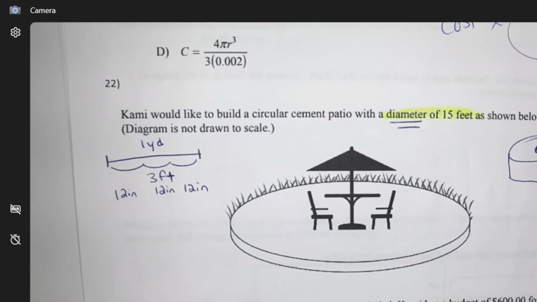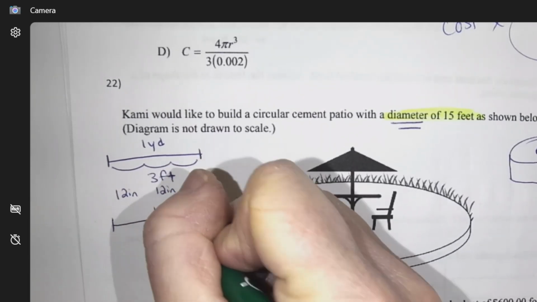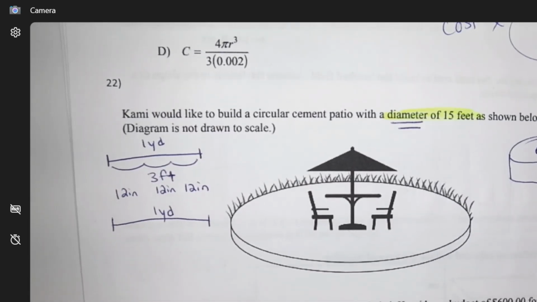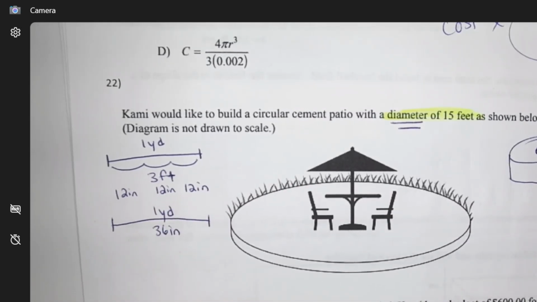So how many inches are inside a whole yard? 36. Okay, so those are the things you have to know. 3 feet inside a yard, 12 inches inside a foot, which causes us to get 36 inches inside a yard, right?